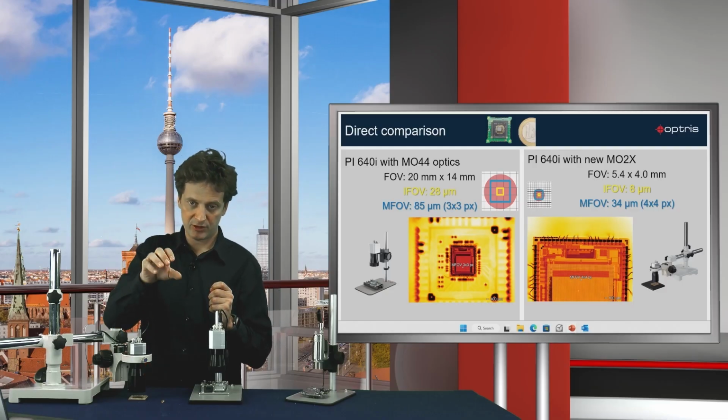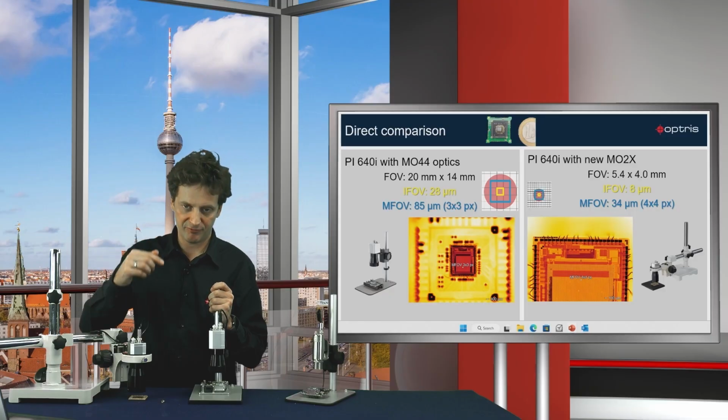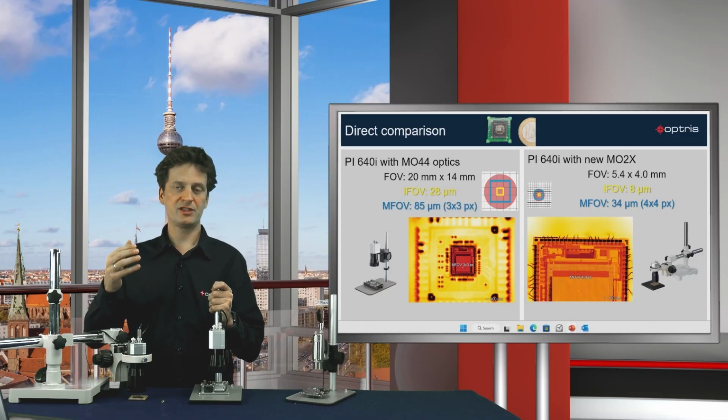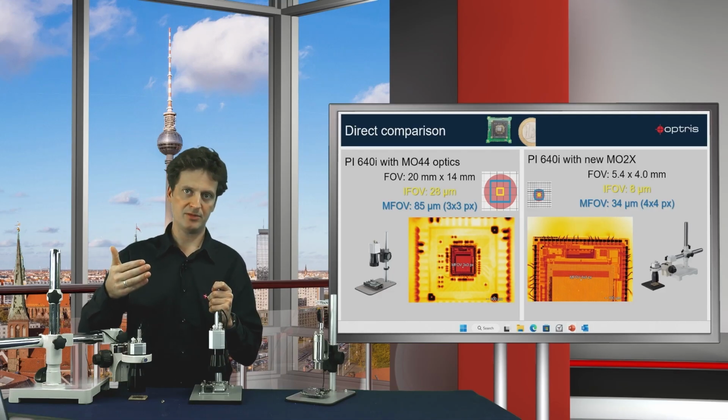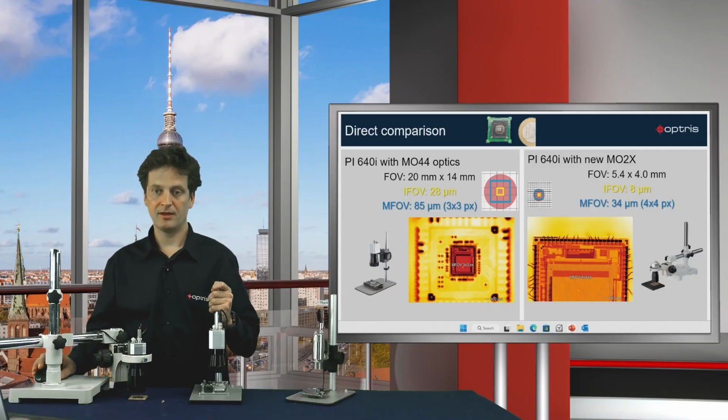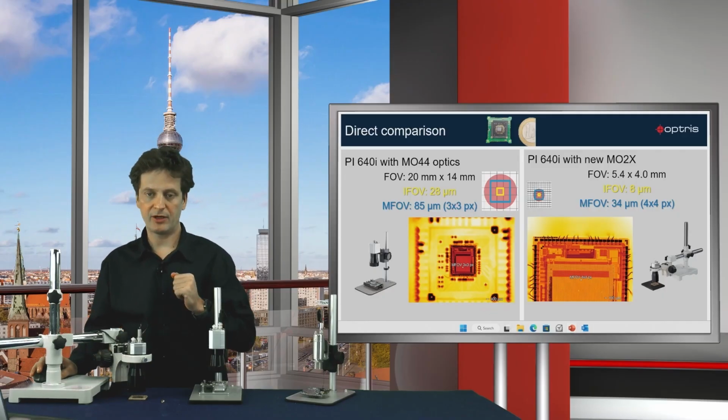But if we have the direct comparison, you see even by having 4 times 4 pixels, we are talking about still 34 microns measurement field of view. In other words, if you want to make an accurate measurement, you can measure objects down to 34 micrometers in size. That's the direct comparison.